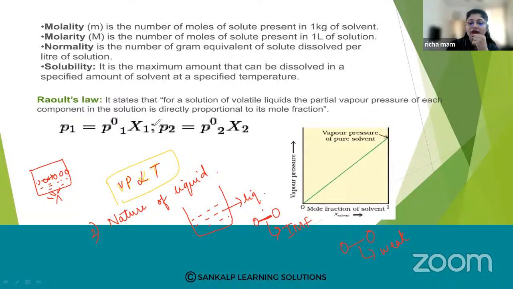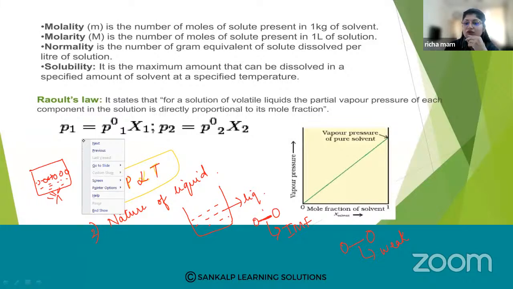As the forces between the molecules are weak, we can break them easily and vapors can be formed easily. If vapors are formed easily, then vapor pressure also will be more.